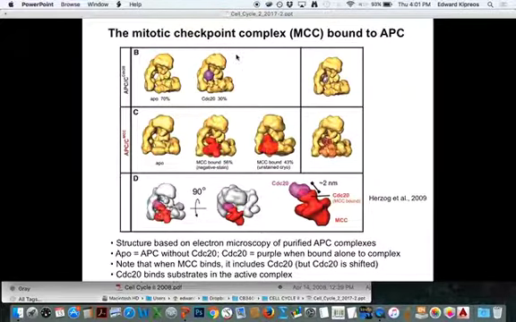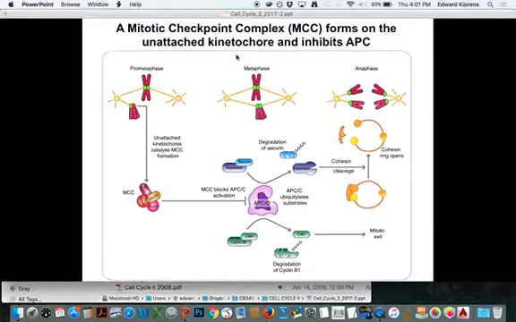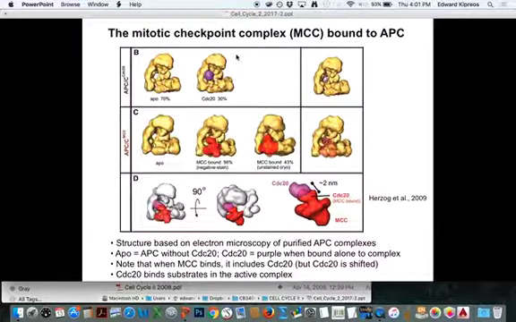So this is a structure of APC. APC, I told you, is huge. It's got like 8 to 12 proteins in it. And it actually has one of the subunits recognizing substrates, and that subunit is CDC20, but it's sort of weird. Basically, CDC20 recognizes the destruction box, the part that's on substrates, and it'll bind those substrates, and then the substrates get degraded when they bind this complex. So it's binding substrates to the CDC20, and then this complex adds ubiquitin to it, and then the substrate gets degraded.